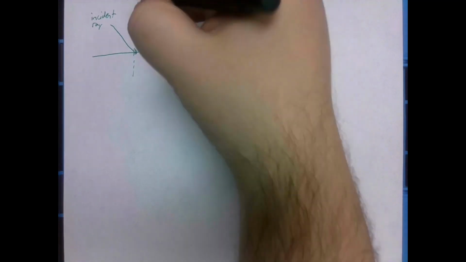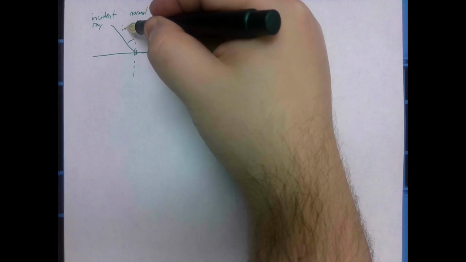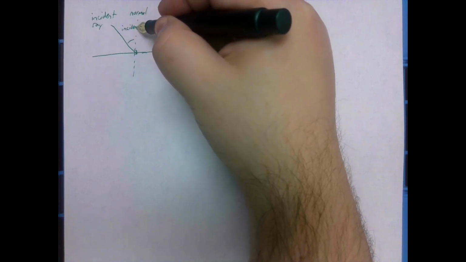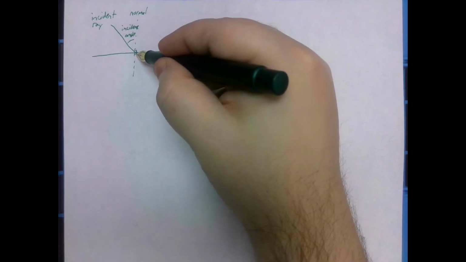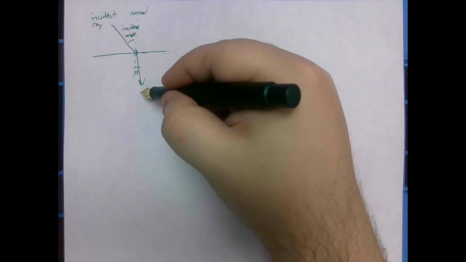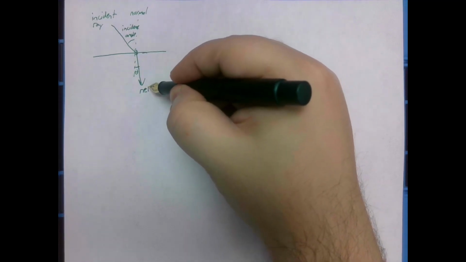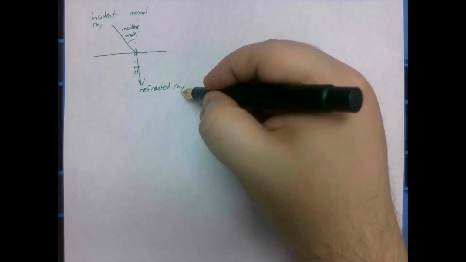We have the normal line. We have the incident angle. And then it's going to bend toward. And we have the refracted ray, and the refracted angle.